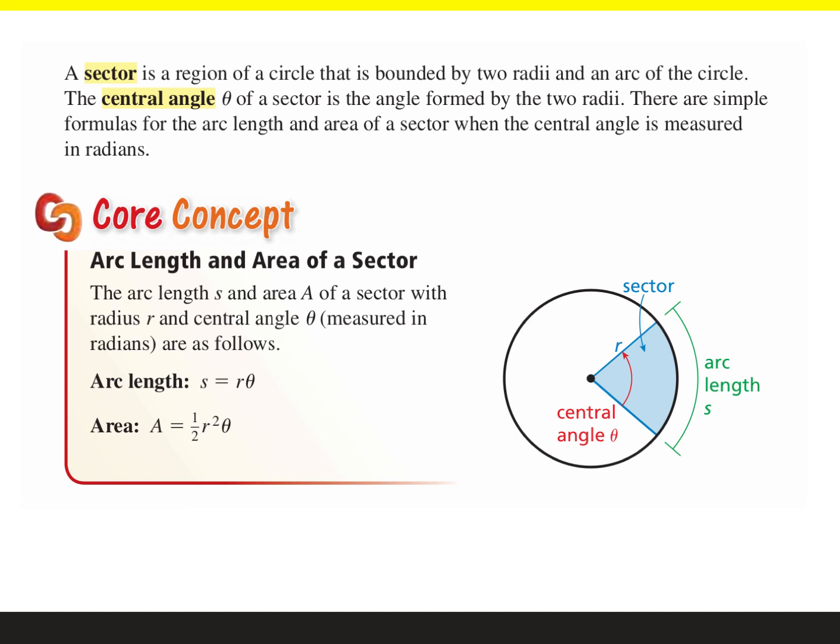So a sector is a region of the circle that is bounded by 2 radii and the arc of the circle. So a sector is everything in here. This is our sector. The central angle theta of a sector is the angle formed with 2 radii. So this is our central angle, the angle that's at the center of the circle.